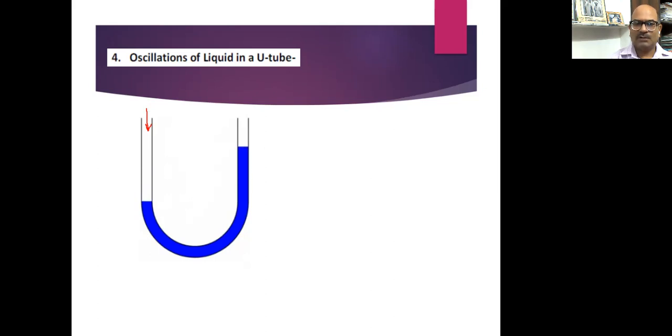But if we remove the pressure from here, now the liquid will try to oscillate. In general conditions, it will stop after some time due to the frictional forces, but here it is oscillating because the resistive forces we are considering are negligible.